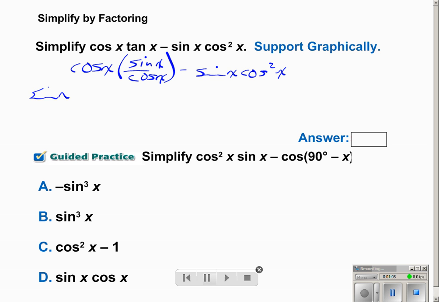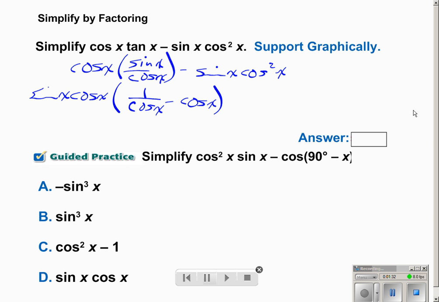So we have the sine of x cosine x times the quantity 1 over cosine x minus cosine x. Well, at first glance, that may not seem to have done much, but I see that I have some things in the parentheses there and some subtraction.